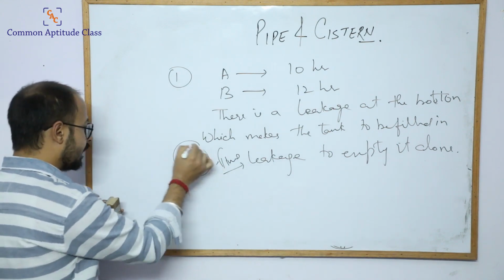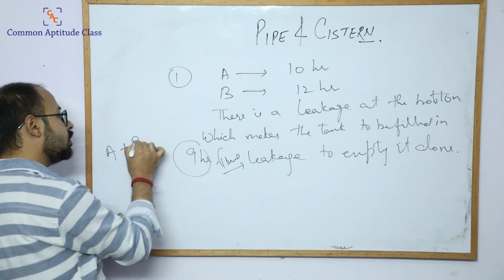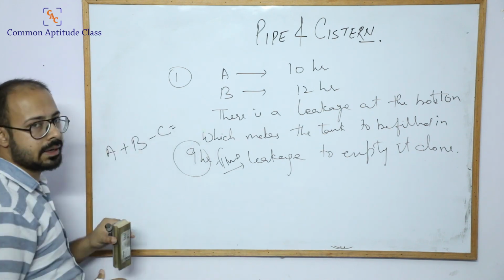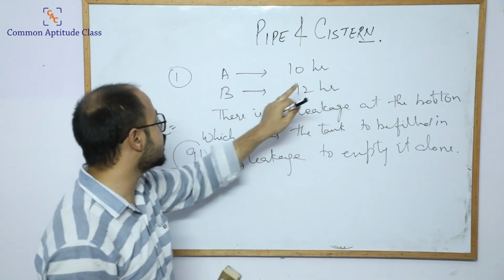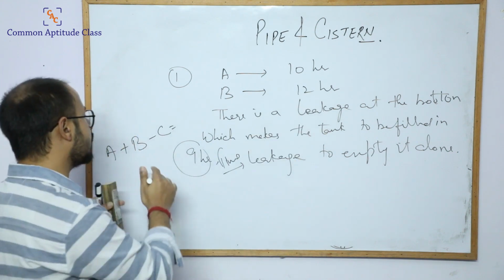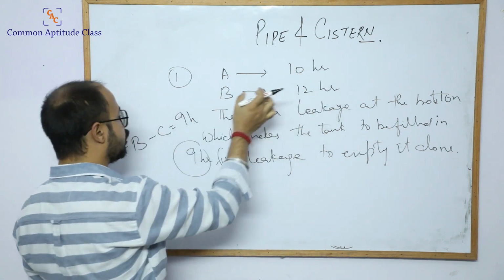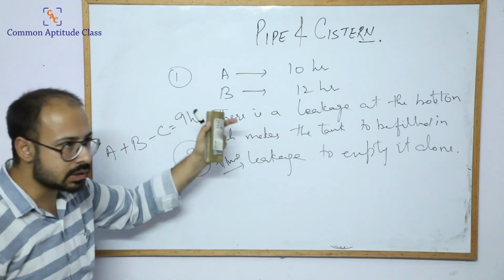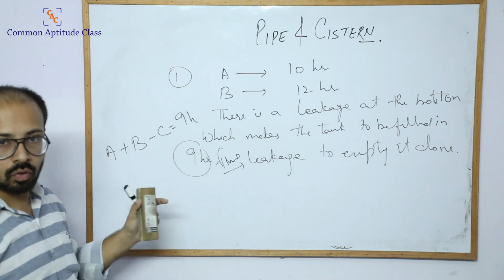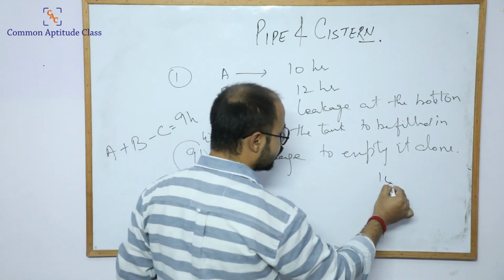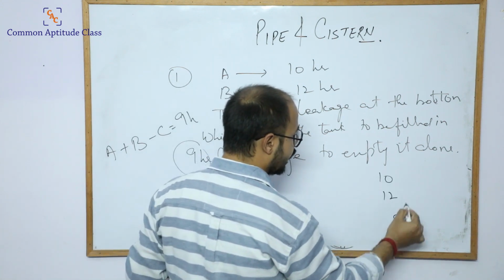So, collectively, in this case A is working, B is working, and C is working to empty it completely. A takes 10 hours, B 12 hours, and A plus B minus C takes 9 hours. What is the LCM of 10, 12 and 9?